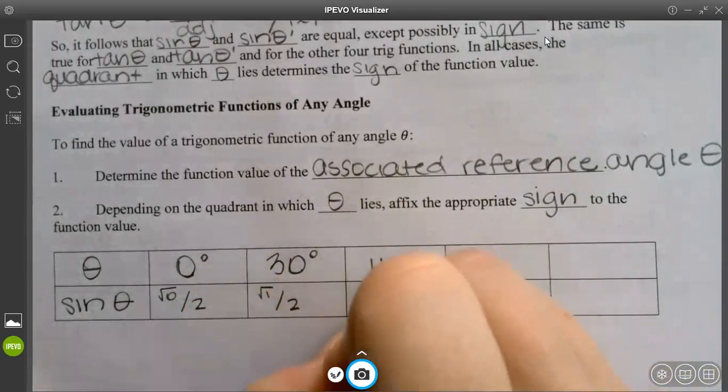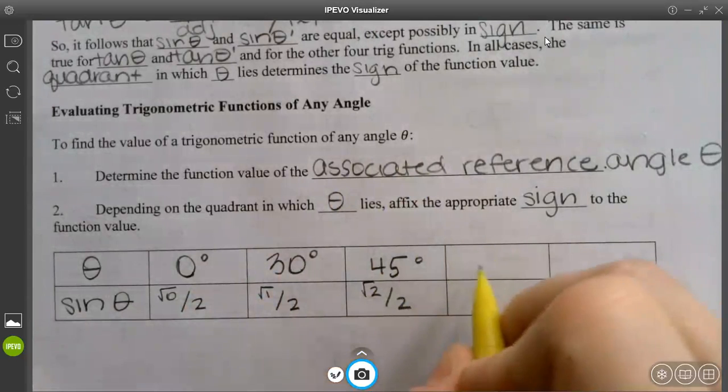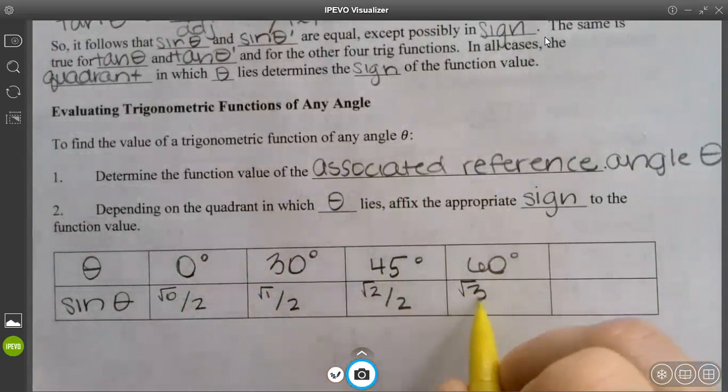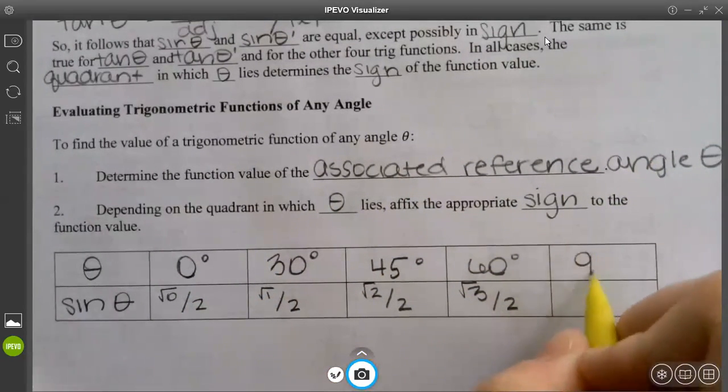Then we have 45, square root of 2 over 2. At 60, we have square root of 3 over 2. So what do you think is going to happen at 90?